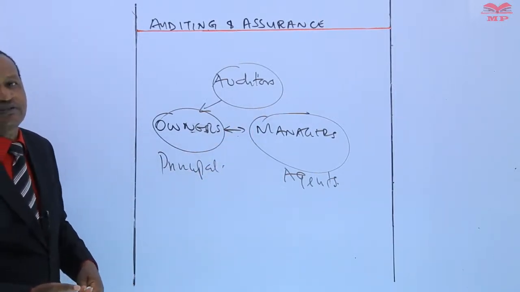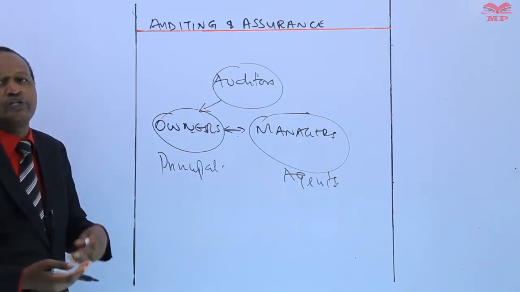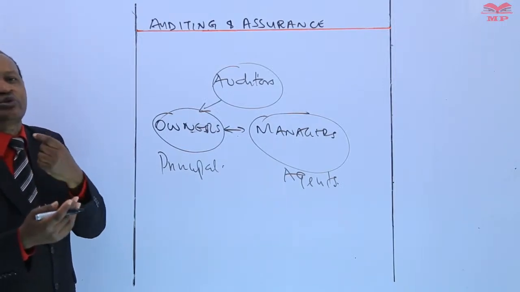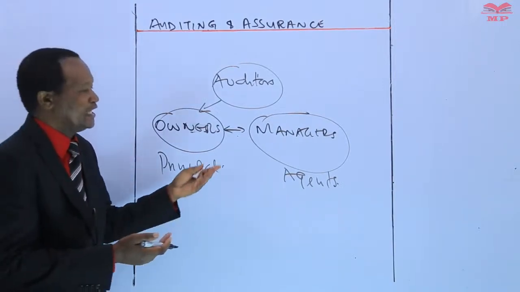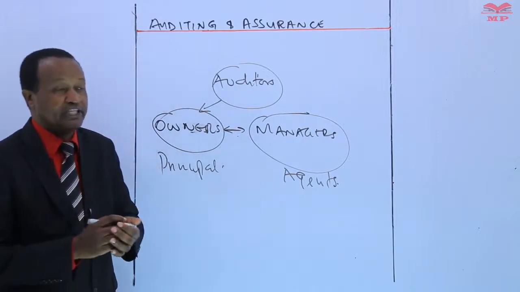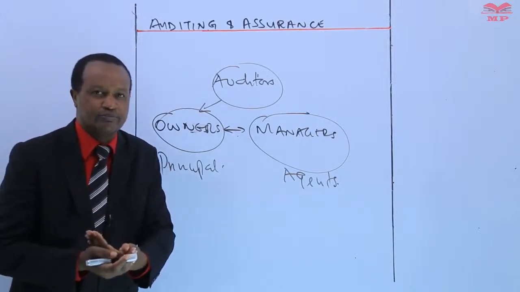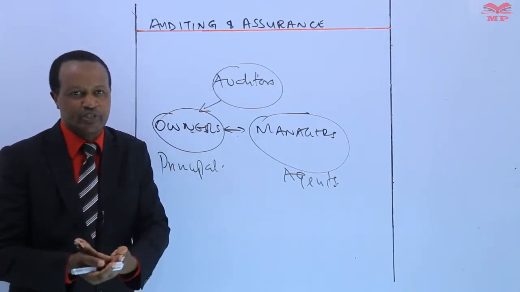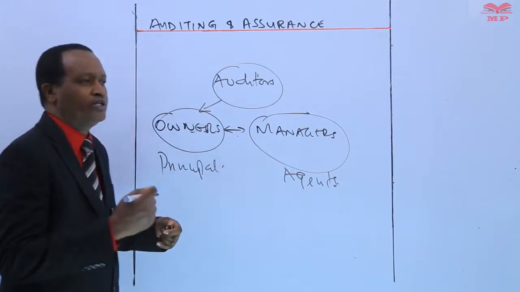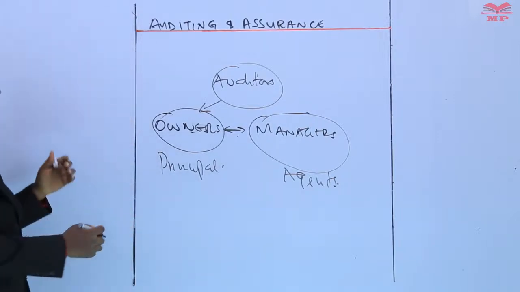So do you understand? So auditing plays a crucial role in mitigating the agency problem, in various ways. One way is through independent verification.